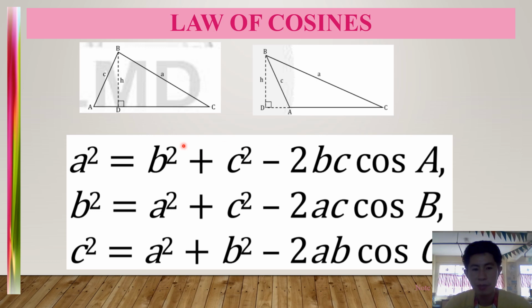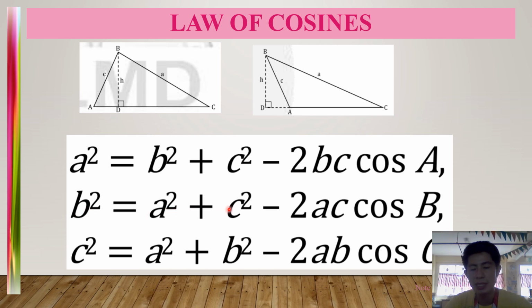Okay, next. If there is letter A here, ang nandito ay letter B and letter C. So, b squared plus c squared. Ganun din dito. Always fix na yung number na 2. Ang nandyan ay b times c. Ganun din dito. B yung nandyan, so yung nandito ay a tsaka c.